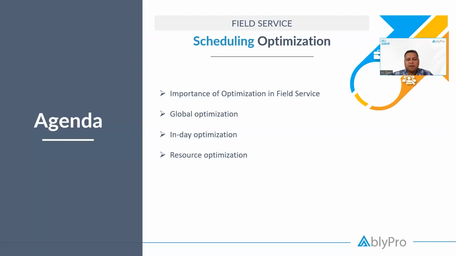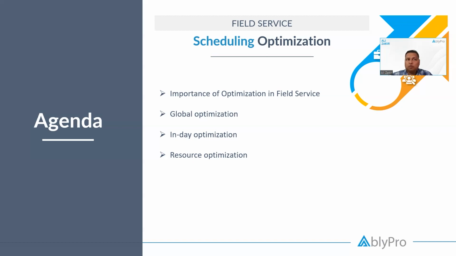Next is in-day optimization. This is where the optimization is done the day of. Last-minute schedule changes by optimizing your team schedule for one or more service territories on the day of the service. For example, let's say a technician calls out sick.